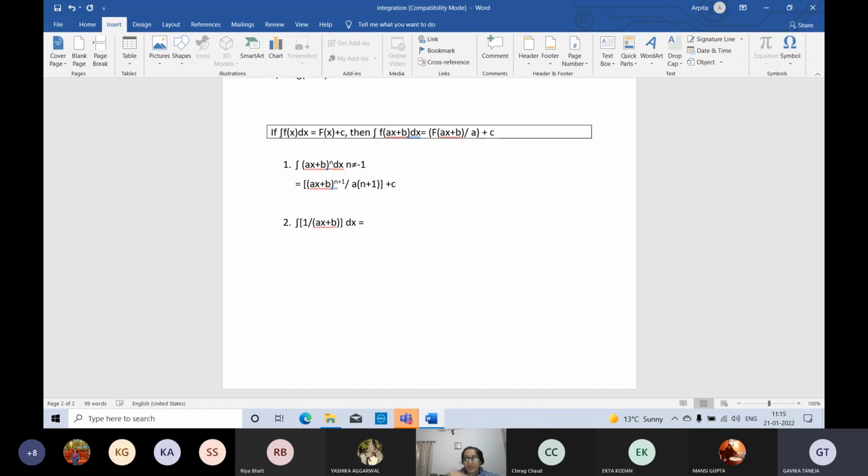Since this goes in the denominator, it comes up as a log. So that is what we are going to do. It comes up as log of (ax plus b), divided by a, plus c.